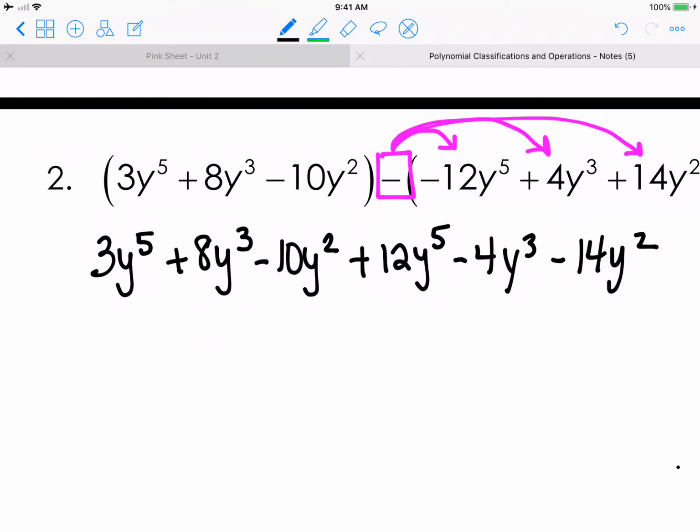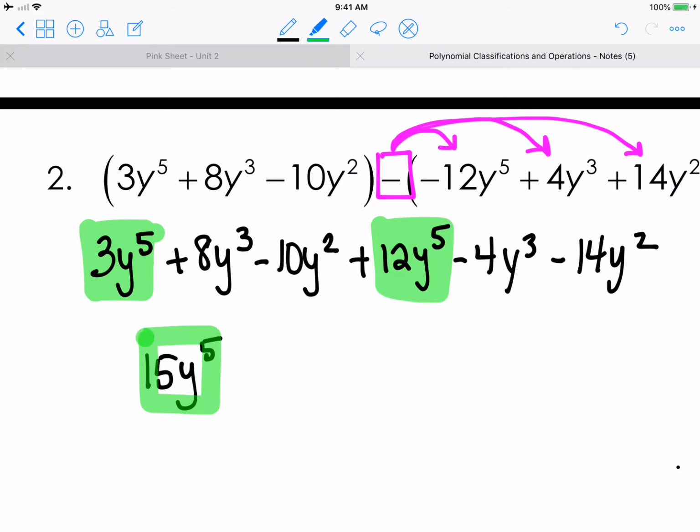All right, now we're combining like terms. So look for your highest degree. I see our highest degree is a degree of 5. So let's add these together. Well, we would get 15y to the 5th. I'll go ahead and highlight that so you can know that those go together. Cross them out, move on. Okay, so now you go down to the 4th.